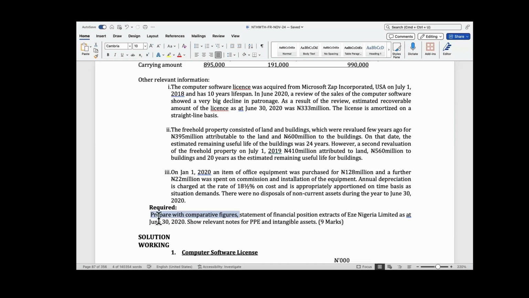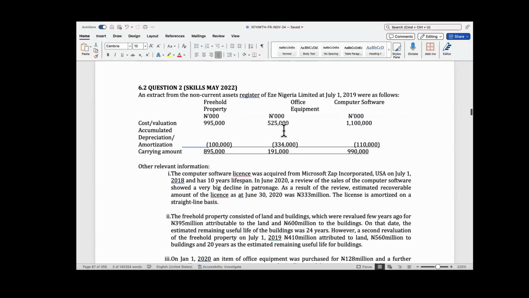So don't forget, they say prepare with comparative figures. So that means they want us to also prepare that of 2019. So we'll have two statements, June 30th, 2020 and June 30th, 2019. So let's look at the question. They gave us a non-current asset register of AZ Nigeria Limited as at July 1st.